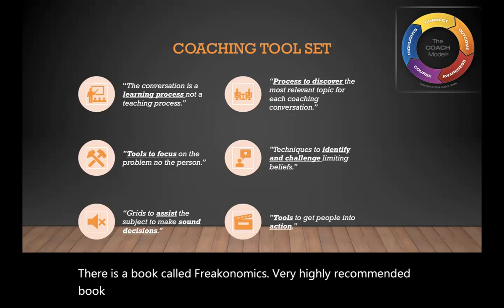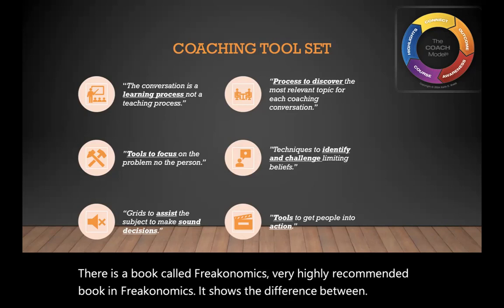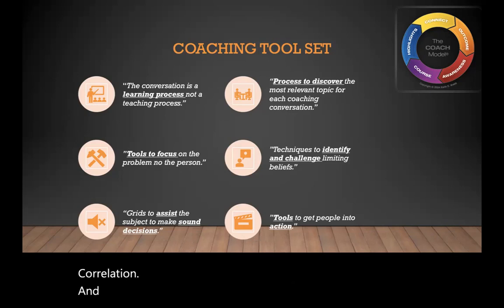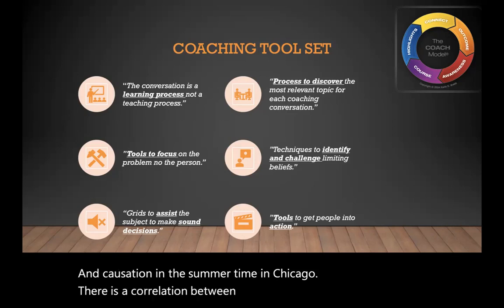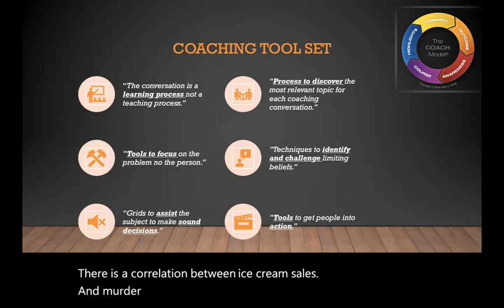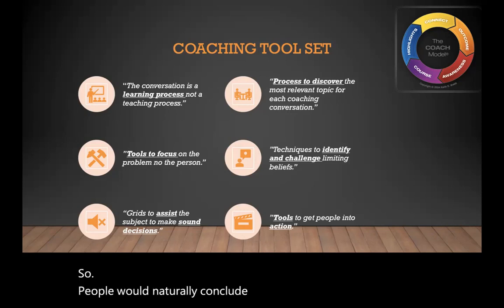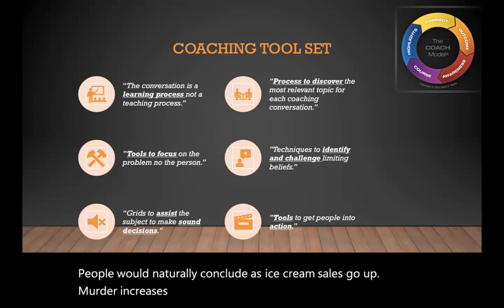In Freakonomics, it shows the difference between correlation and causation. In the summertime in Chicago, there's a correlation between ice cream sales and murder. So people would naturally conclude, as ice cream sales go up, murder increases.